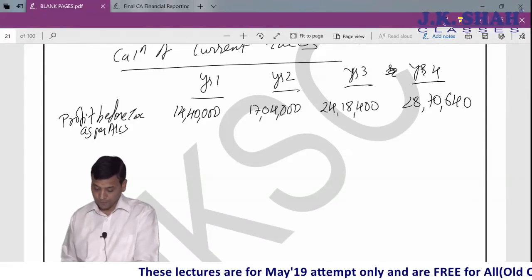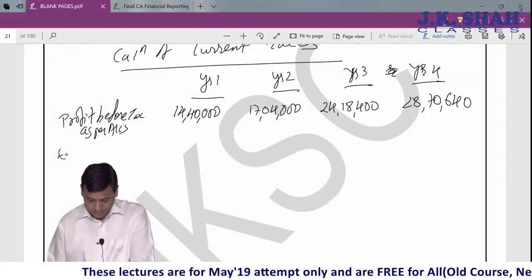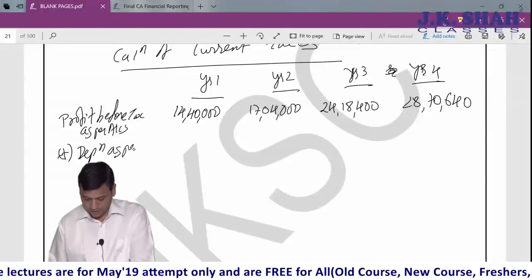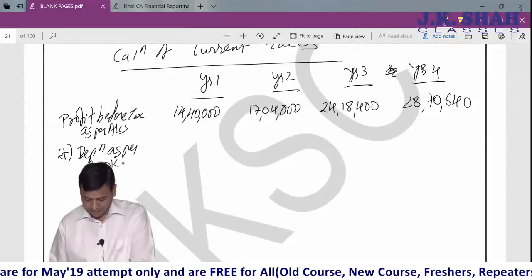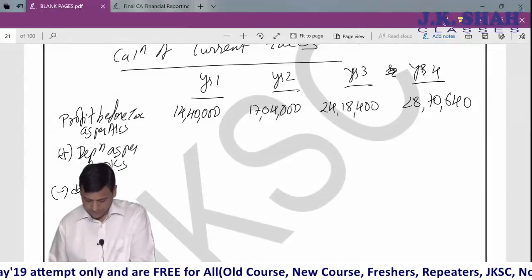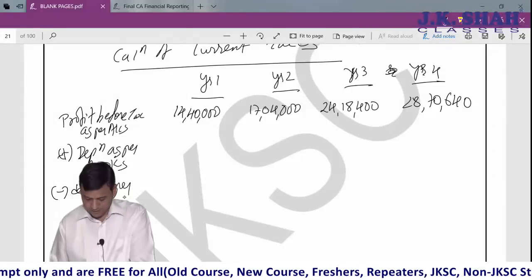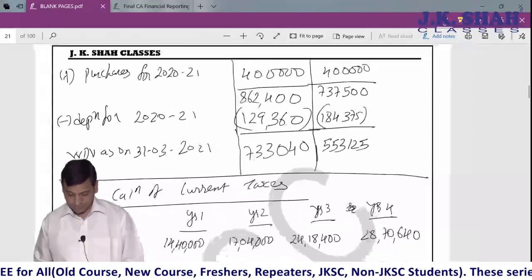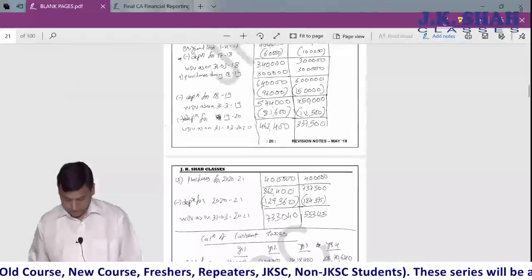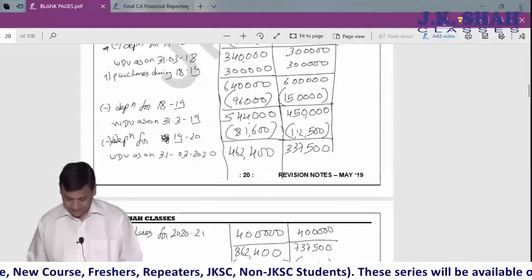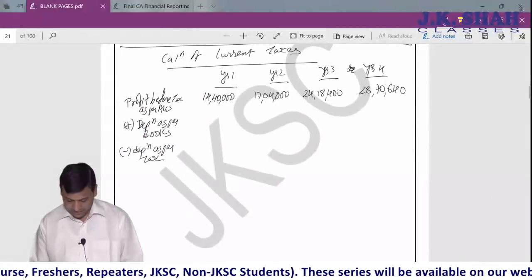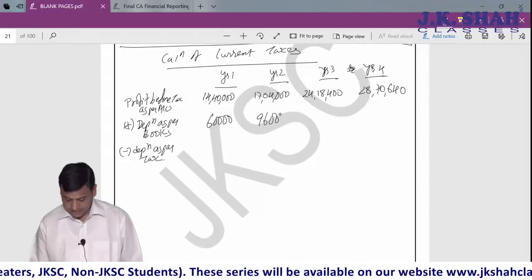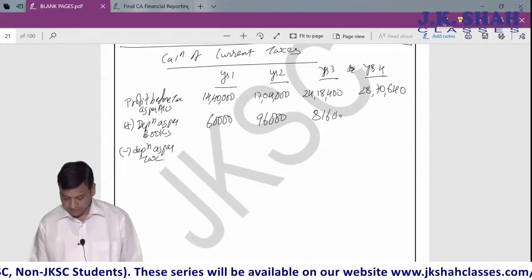Yeah, thank you. Now in this, I will disallow the depreciation which they have charged as depreciation as per books, but I will allow them depreciation as per tax. As far as depreciation as per books is concerned, here 60, 96, 81,600.